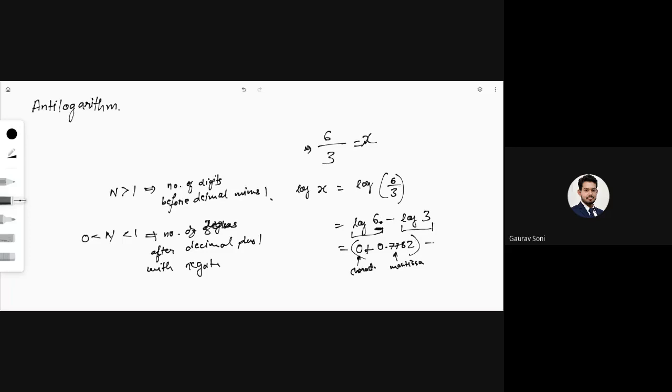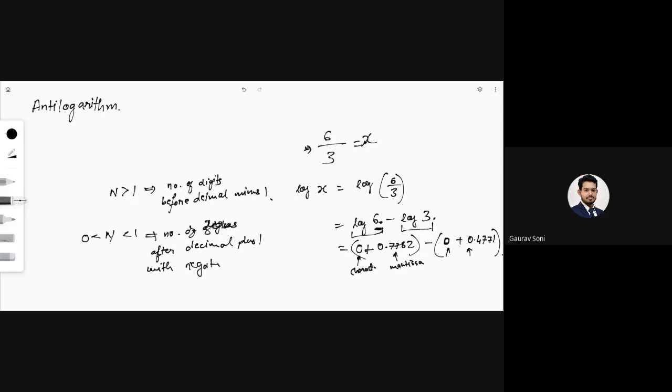Then minus log 3. The number of digits before the decimal point is just 1, so 1 minus 1, 0, plus. What is the mantissa for this? Look at 3.0 and the column 0. That is 0.4771, right? Again, this is the characteristic and this is the mantissa.